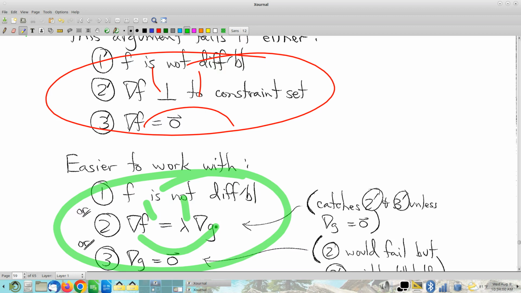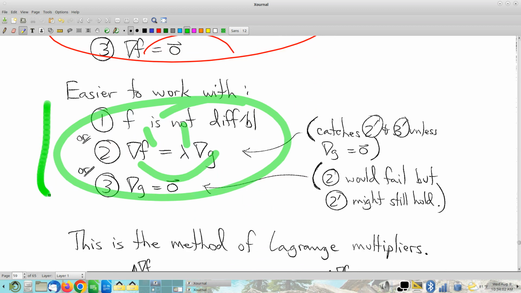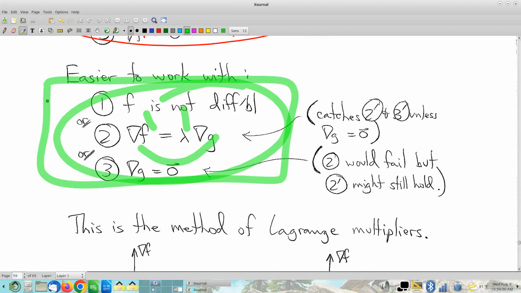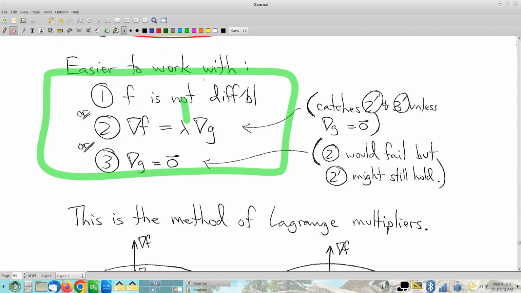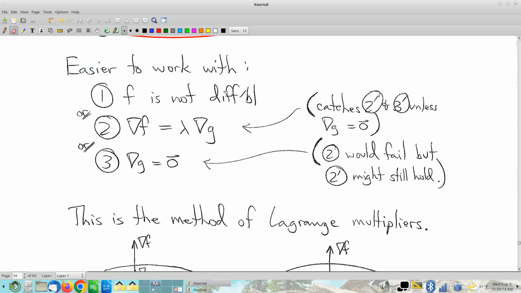So this, in practice, is what we call critical points, and this is called the method of Lagrange multipliers. By the way, pronounced Lagrange, not Lagrange. There is a small town in Texas called LaGrange, and if you ask anyone there how to pronounce it, they will say Lagrange, but the French mathematician did not agree. He pronounced his name Lagrange.